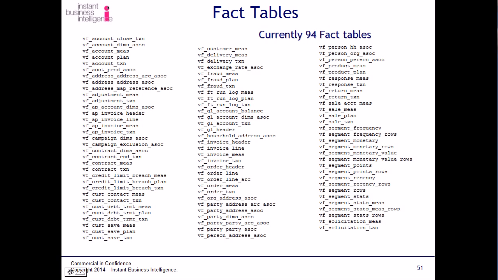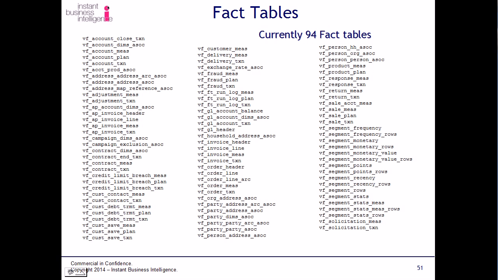We then have the party to dimensions association, which links all the different types of dimensions to a party. We have the party to party association archive and the party to party association. So when two parties are associated together, we put that information into the party to party association, and we also maintain an archive of the party to party associations as well. Okay, somewhat redundantly, but we like that little bit of redundancy.